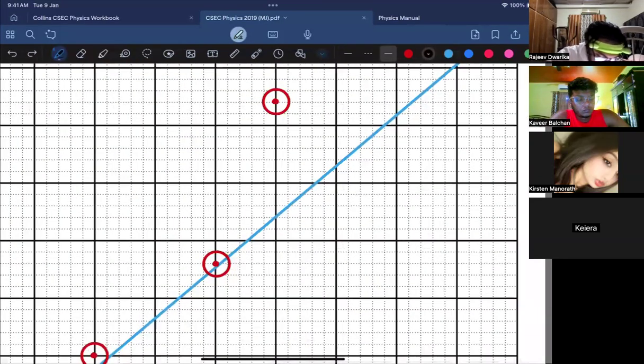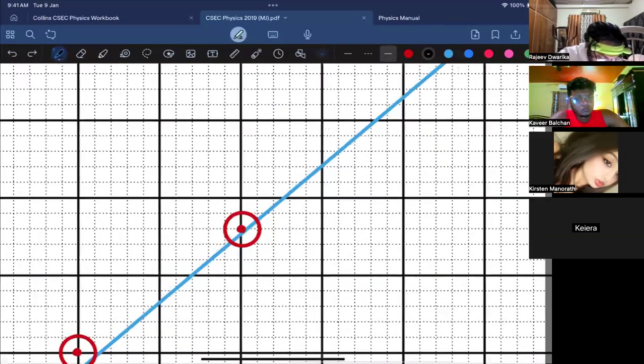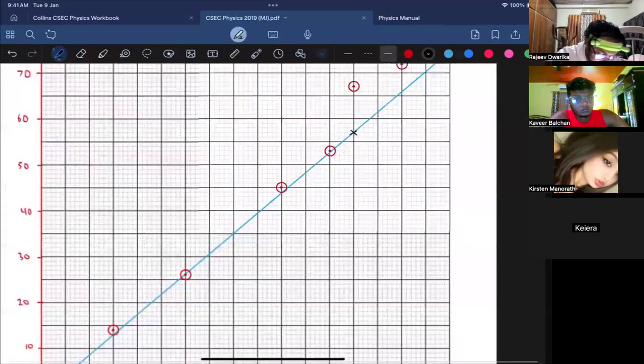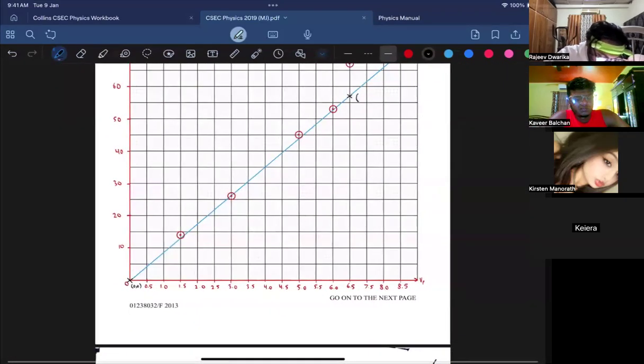I think in your lesson by now, you cannot use plotted points. Don't do that. What are you doing? Read off that point from there.